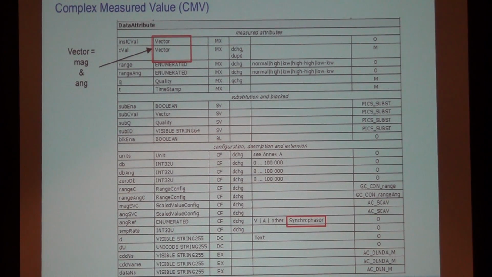And that's essentially the difference between the measured value and a complex measured value. And again, the angle reference can be voltage, current, other, or synchrophasors. So the changes that are necessary to represent synchrophasor information have already been incorporated into 61850. But you'll see here that the sample rates, the range values, the range alarms, etc. are all available with the complex values as well.